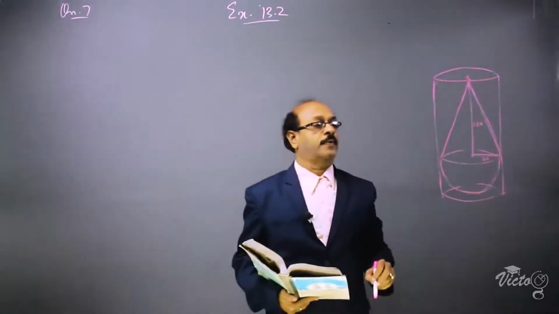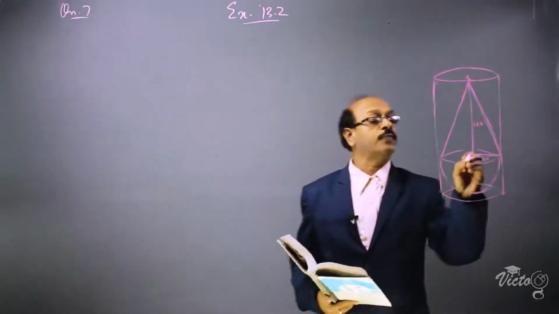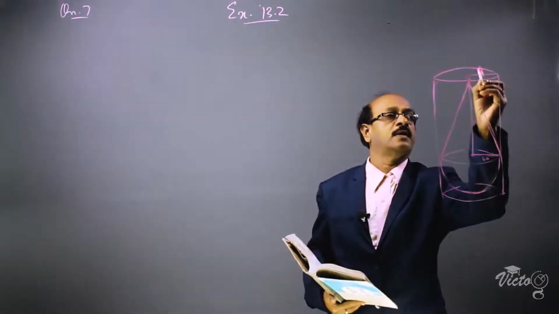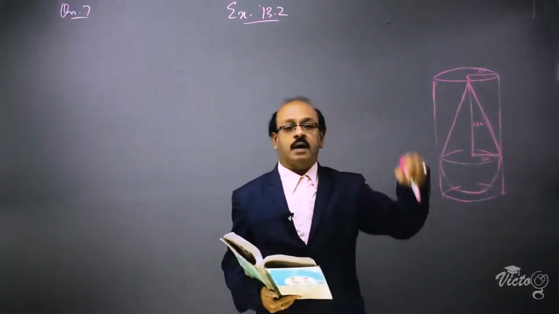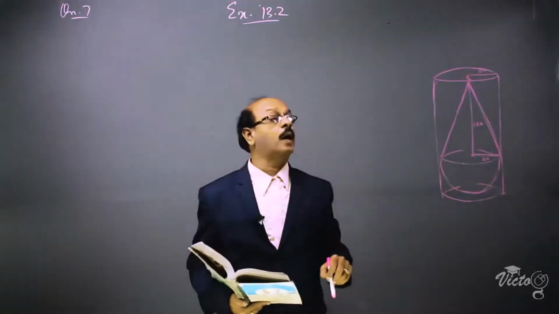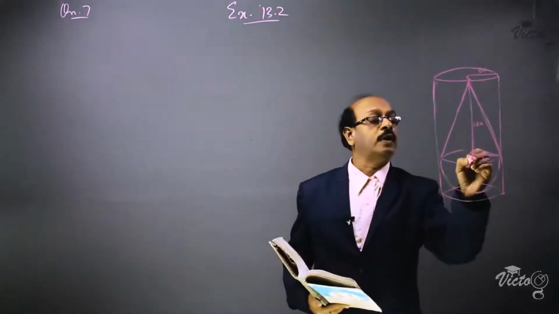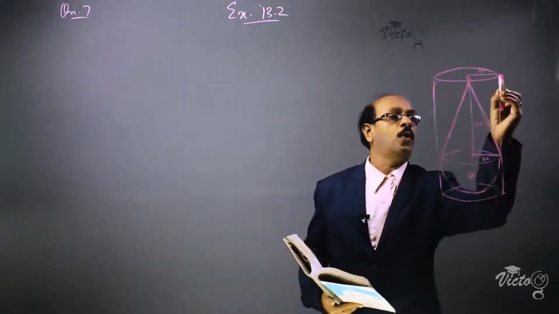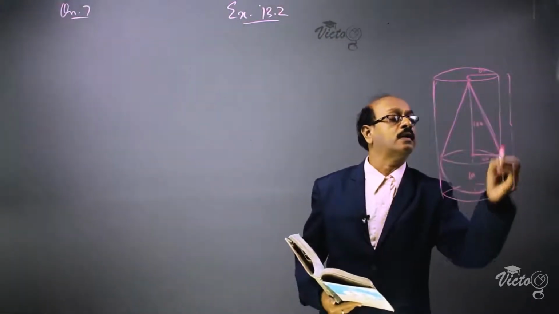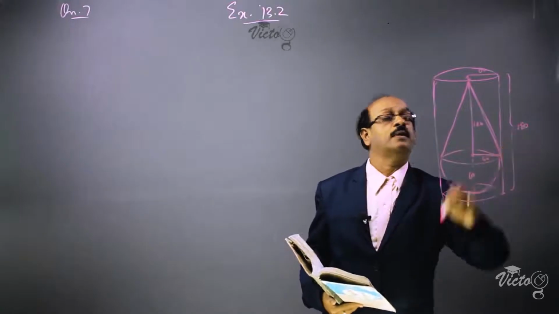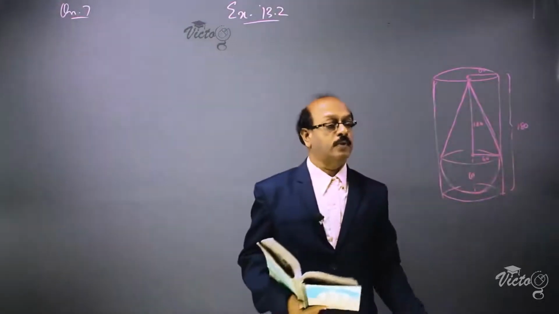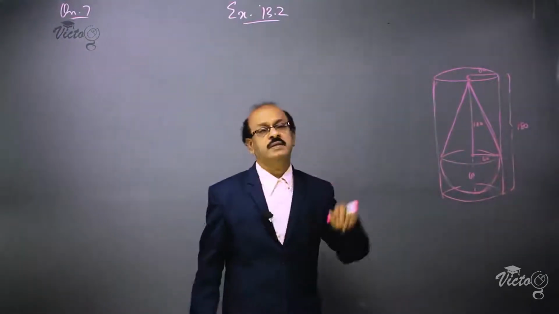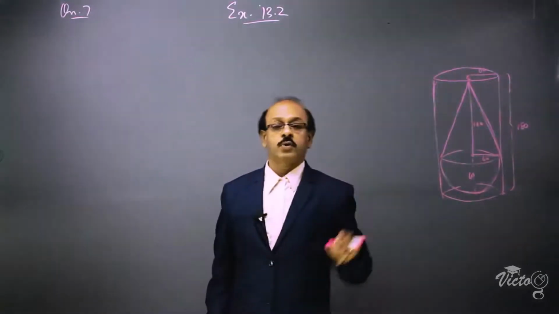The cylinder is of the same radius 60 centimeter, and the total height of the cylindrical part is 120 plus 60, which is equal to 180 centimeter. These are the measures and we had already drawn a rough figure. Now we can start with the volume of the solid.